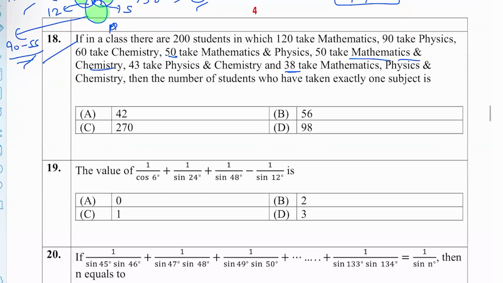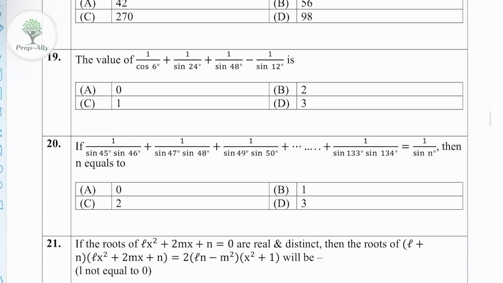Okay, next, the value of cos 6 degree plus sine 24 degree plus sine 46 degree. So you can just solve cos 6 degree as sine 96 degree. So sine 96 degree plus 1 by sine 48 degree you can club, and then 1 by sine 24 degree minus 1 by sine 12 degree you get.